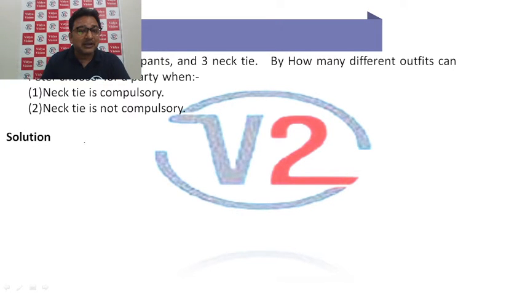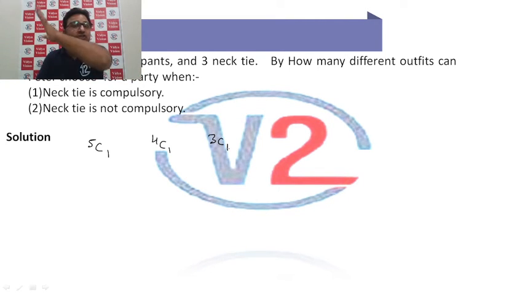5 shirts. Now how many ways can we choose one shirt? 5C1 ways. One pant we can choose in 4C1 ways. Now 3C1 for the tie. Now we make a combination of all three: one shirt, one pant and one tie, because in the first part the tie is compulsory. Clear?